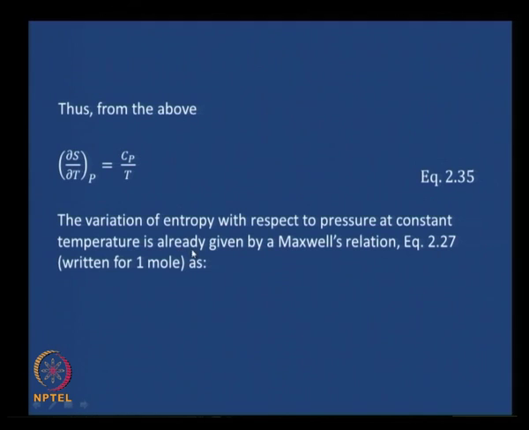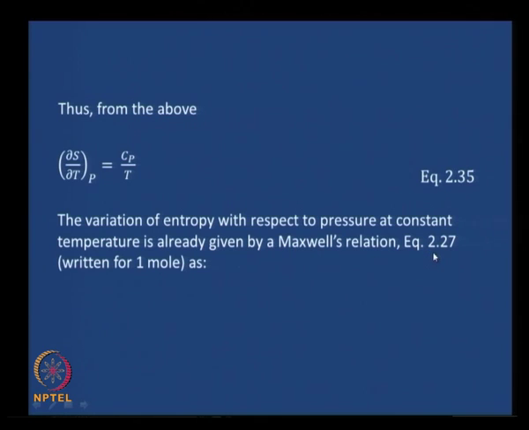The variation of entropy S with respect to pressure at constant temperature, ∂S/∂P with T remaining constant, is actually given by a Maxwell's relation. We had written all 4 equations for 1 mole of a pure substance. You can go back and look at that.